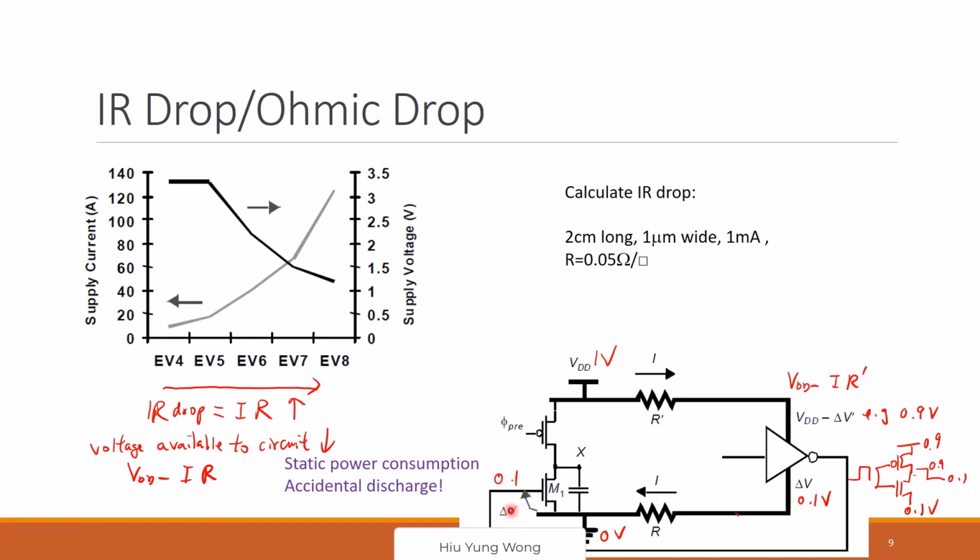Because remember, if during evaluation, let's say we're doing evaluation, if you remember the IV curve in log scale is like this. Now, because this one is 0.1, originally the leakage is here, but now it shifts to here because you have 0.1 of VGS.